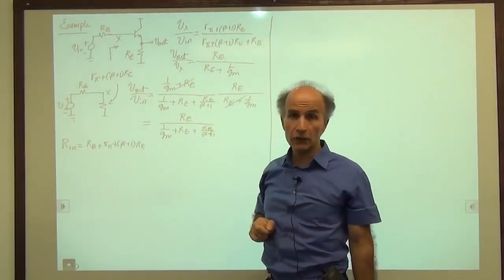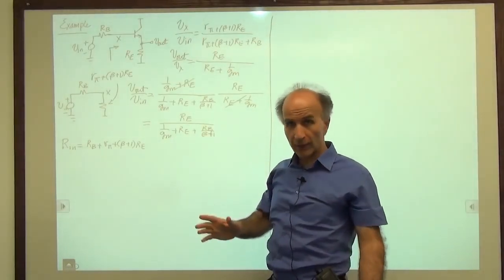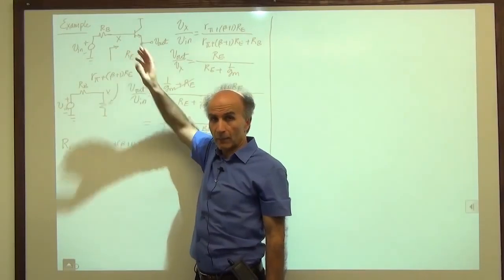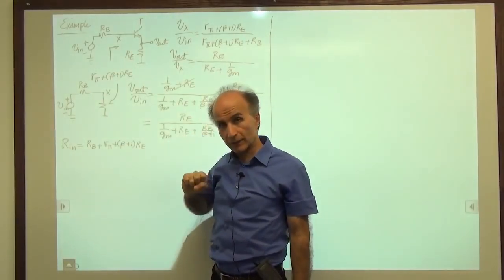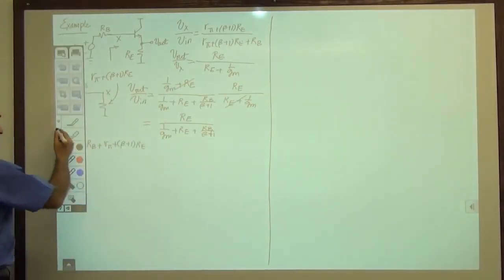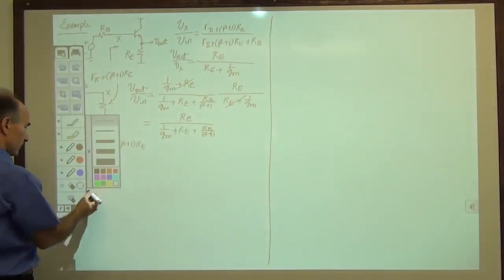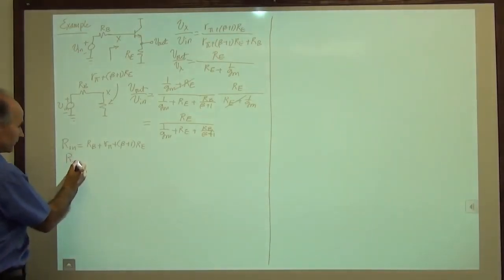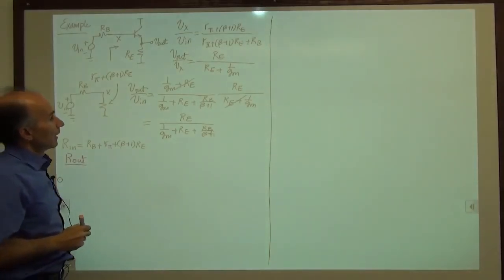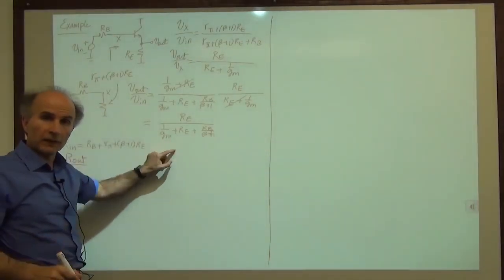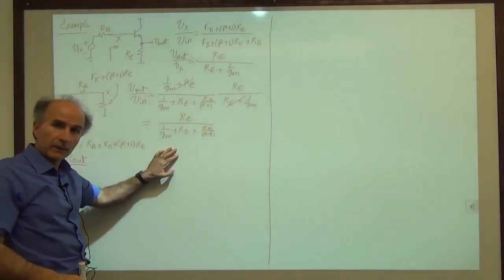Okay, so then how do we do that? Well, I will play a little trick here. Of course, you can draw the small signal model and calculate and see what comes out. But because I'm lazy, I will take a shortcut. So here's what we're going to do. Let's change the color of our pen to something more exciting. All right, so for R out, I look at this voltage gain expression very carefully, and I see something familiar.